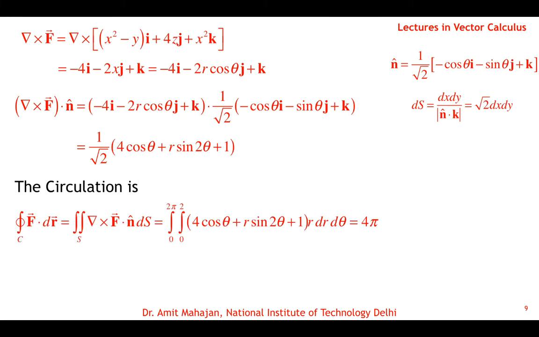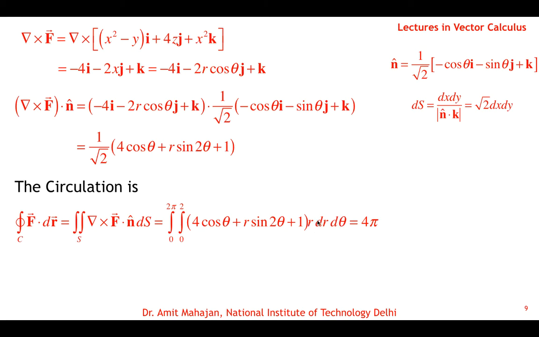Okay, so we can now calculate the circulation. The integral of F dot dr over C is the double integral of curl of F dot n dS over S. Curl of F dot n will be this. The dS element is root 2 dx dy, so root 2 will cancel out and we will have this integral with dx dy, and if we convert dx dy to polar, it will be Jacobian times dr d theta.